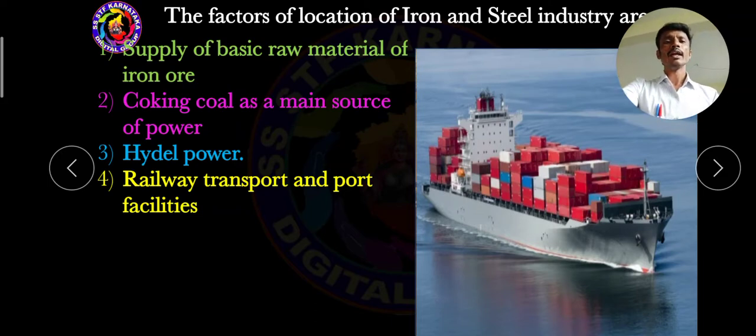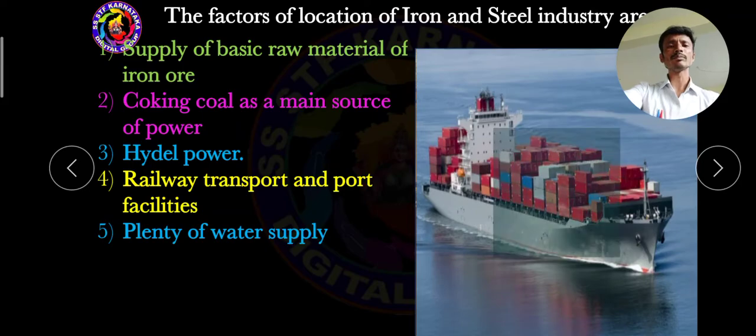That is why in India there is railway transport between the states for import and export of iron and steel. But between countries, we depend on port facilities. Through the oceans we do export. Such a facility is also available in India.